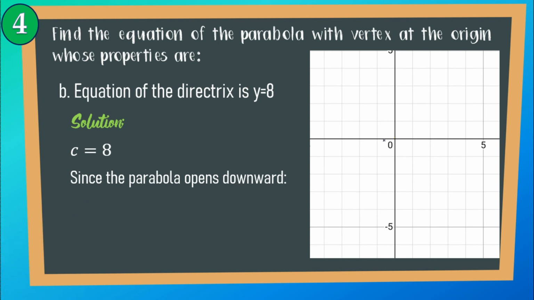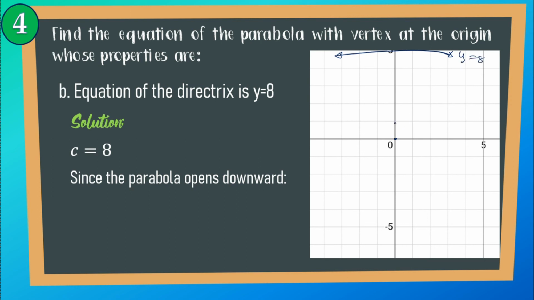So, dito, let's take a look. Alam natin yung origin. Okay, yan yung origin. Tapos, yung directrix naman niya is y equals 8. Meaning to say, yung directrix niya, okay, nasa taas. Okay, I'm sorry. Nasa taas yung directrix niya. For example, ito yung directrix niya, y equals 8.